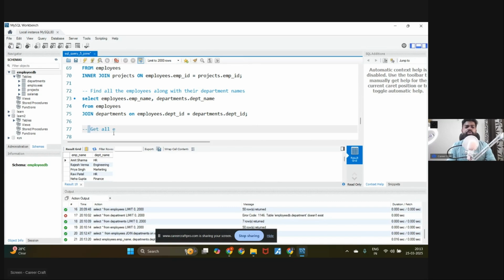Guys, I want you to be very, very comfortable with these joins. Get all employees and their departments, even if they are not assigned to a department. Now be very, very careful: not assigned to a department.